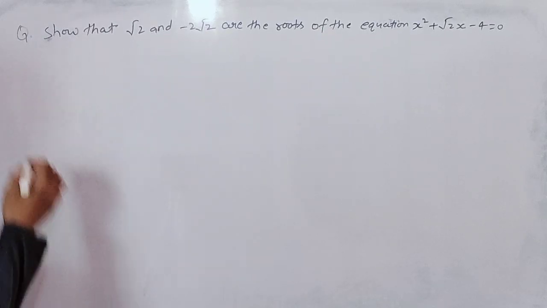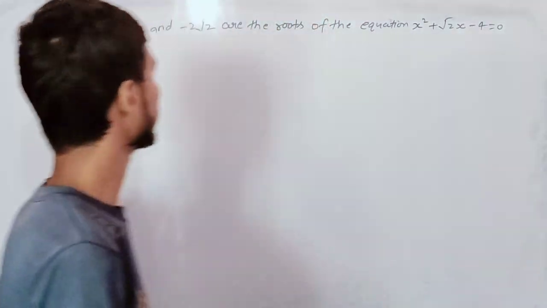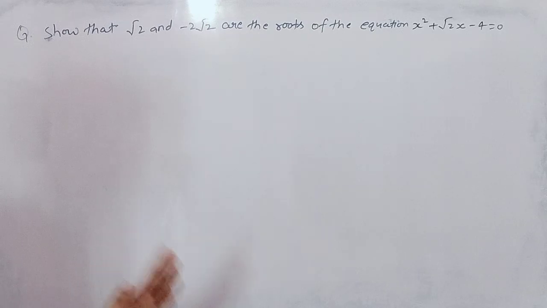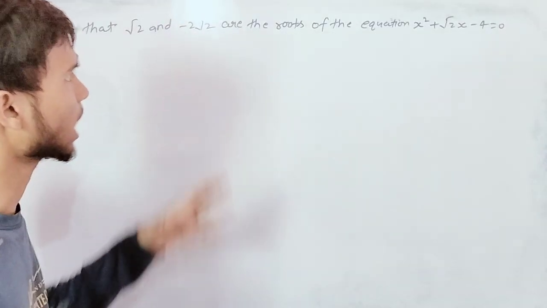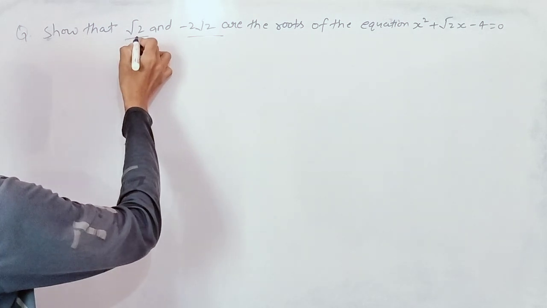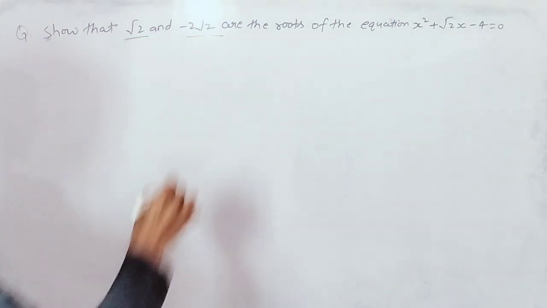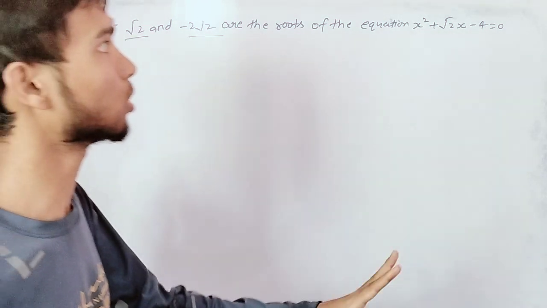now it is asking whether root 2 and minus 2 under root of 2 are the roots of the equation. Root means when we take this as x is equal to under root of 2, and this as x is equal to minus 2 under root 2.